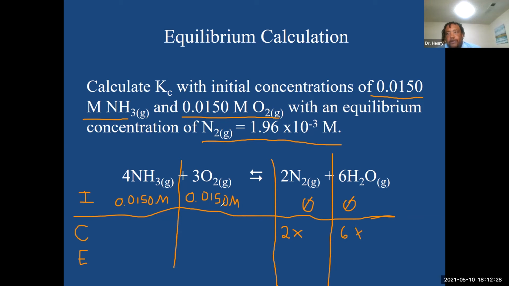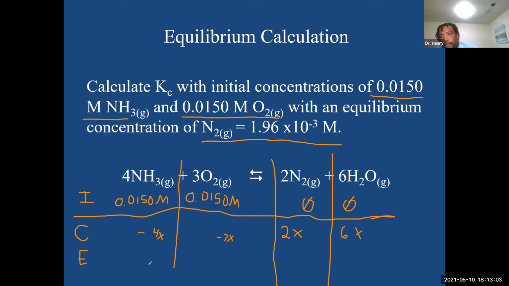Then what's going to be removed here is going to be 3x, and this guy is going to be minus 4x. Oh, sorry, that's our equilibrium. Let me fix this. I got carried away.